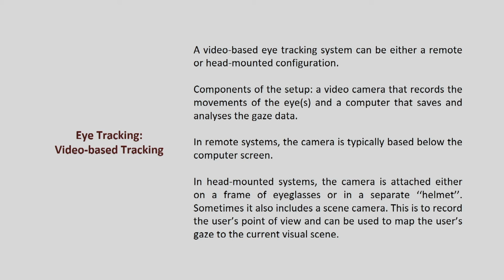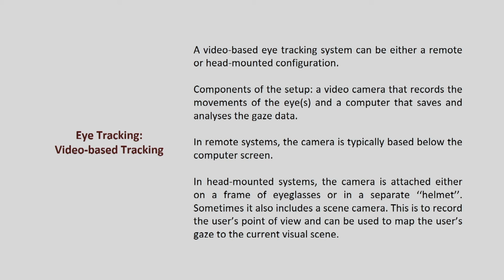So, let us take first the video based tracking. What it does? A video based eye tracking system can be either a remote or head mounted configuration. It can be wireless also.